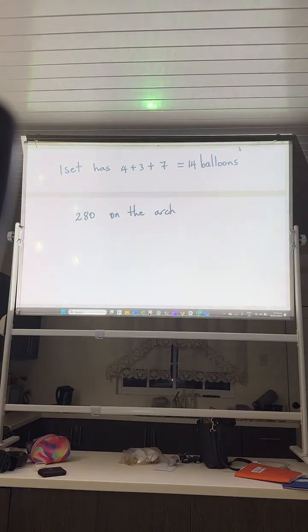Let's do that. 280 divided by 14 will give us, let me do it here. 14 into 28 will be what? 2. 14, 28, 2, and then we'll have the 0 here.